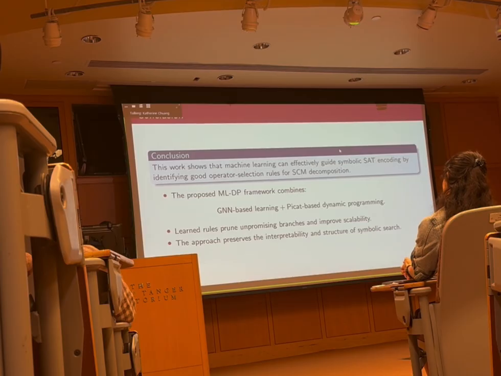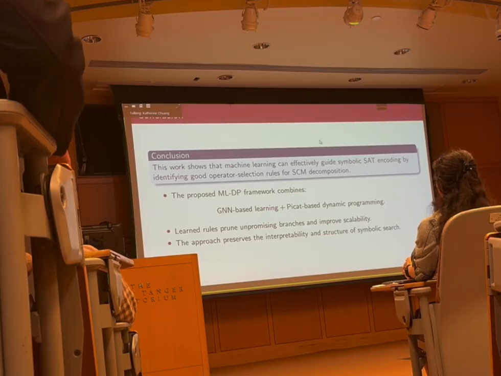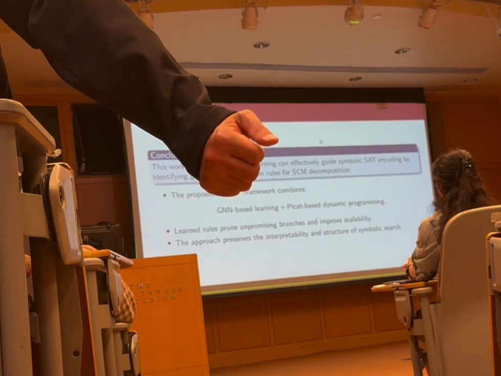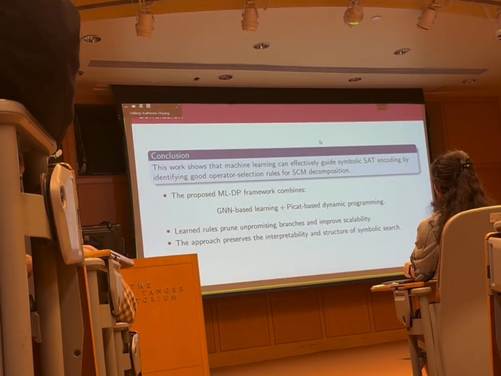And what we have learned here is that we can learn good rules to prune the unpromising branches and improve the problem's scalability. And this approach preserves the interpretability and the structure of symbolic search.